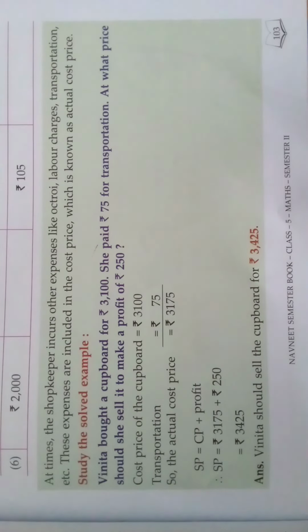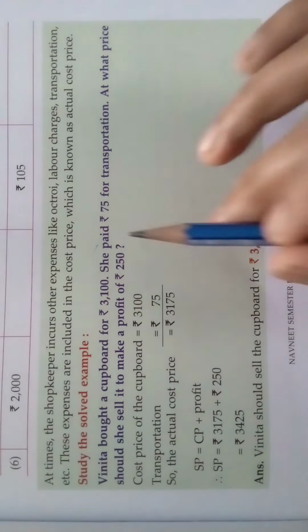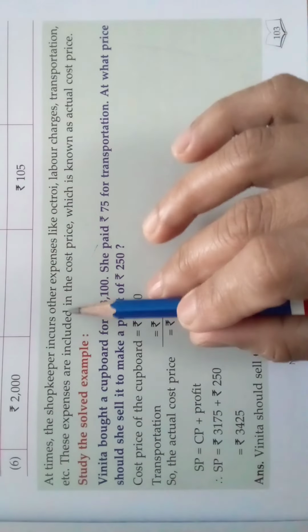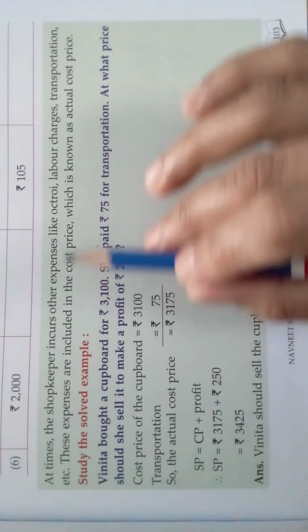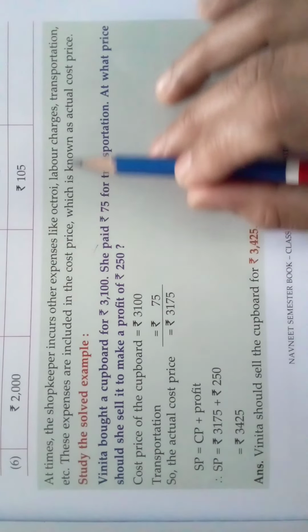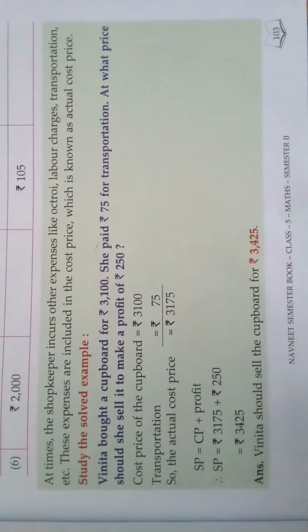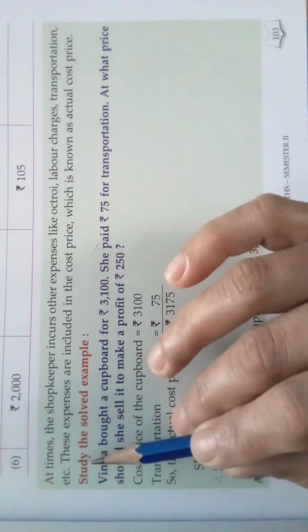So, what the shopkeeper will do means he will add those charges to the cost price, okay. He will add those charges also to the actual price of that article. So, the shopkeeper incurs other expenses like tax charges, labor charges, transportation, and adds them to the article.